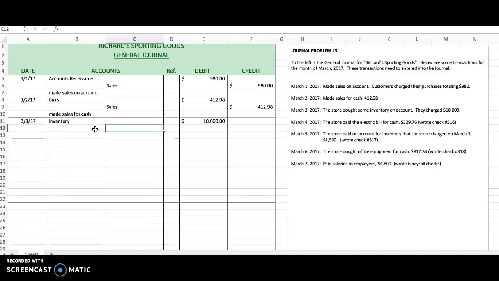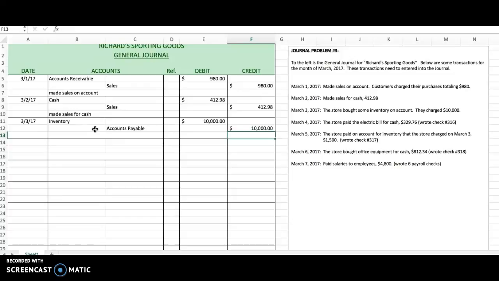Okay. What's the credit part? Well, we bought inventory on account. We didn't pay cash for it, so we're not going to credit cash, but we charged it. When we owe something, that's a liability. In this case, we will use accounts payable, and we will credit by the same amount, $10,000.